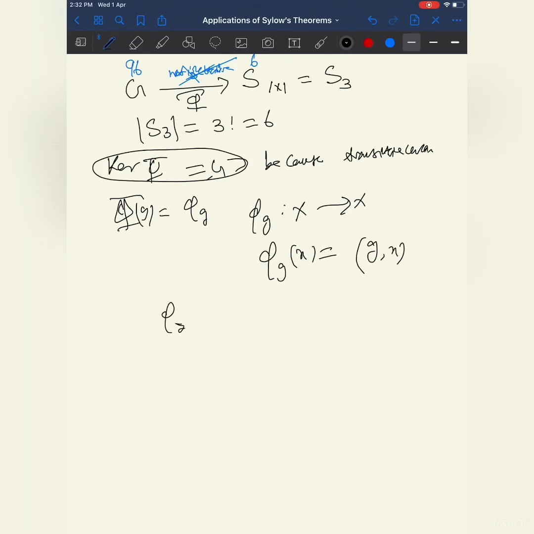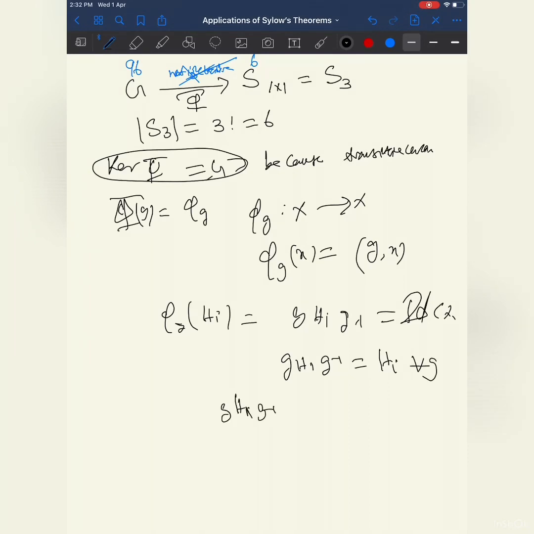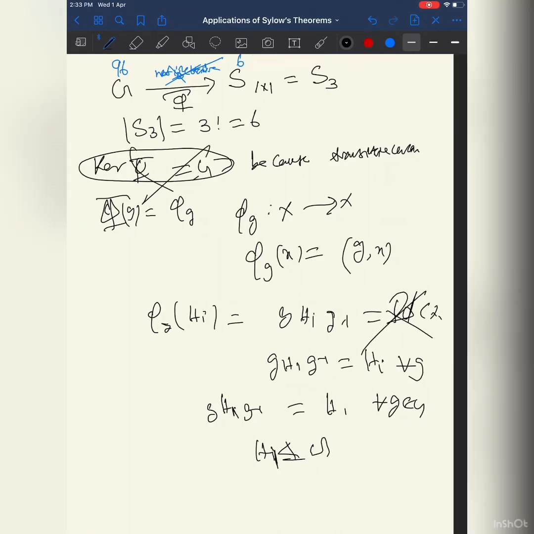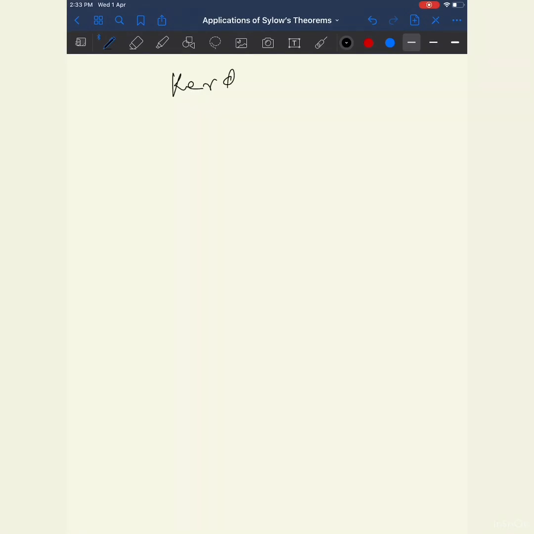In our case, g hi g inverse equals hi for every g, at least g h1 g inverse equals h1. This says that h1 is normal in G, but that is not true. We assumed that it is not normal, so it cannot be the identity map for every g. So the kernel is not full, and the kernel of phi is not trivial and not full.